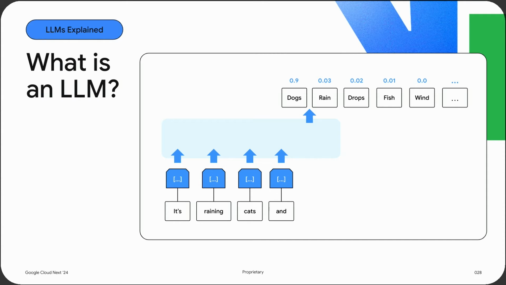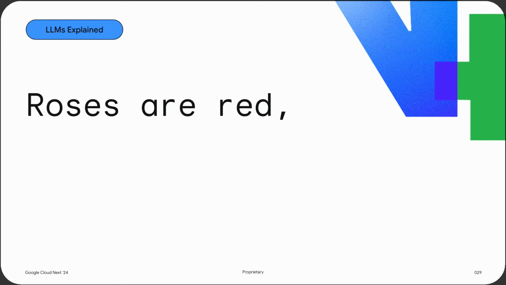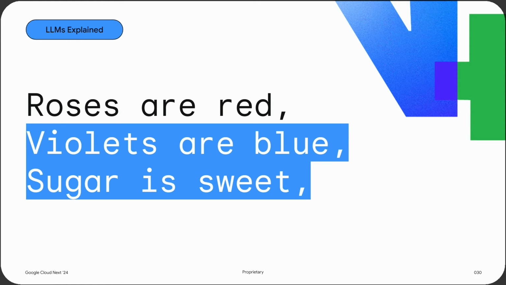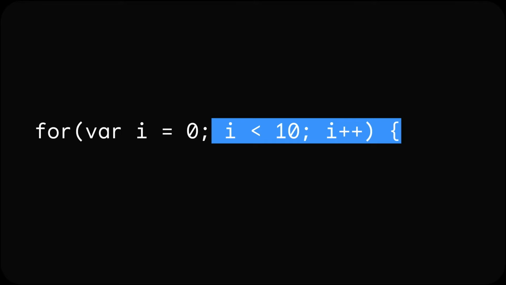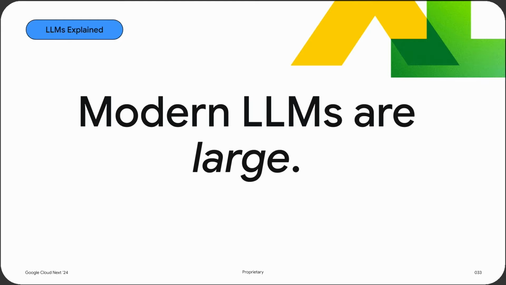So a large model is almost like a very sophisticated autocomplete. A model trained on poetry will generate an output that's poetic. A model trained on code samples will produce output that's codey.